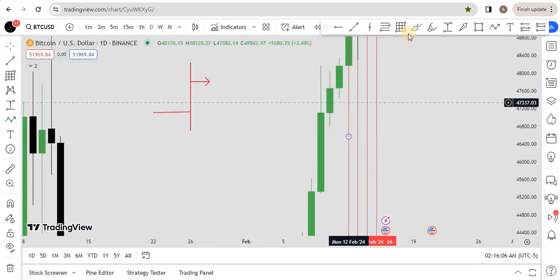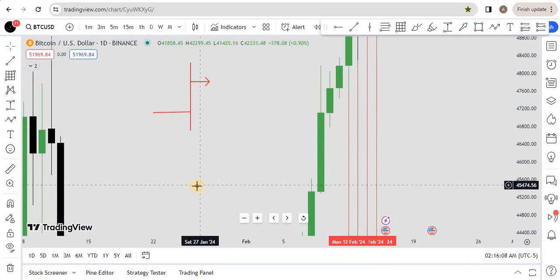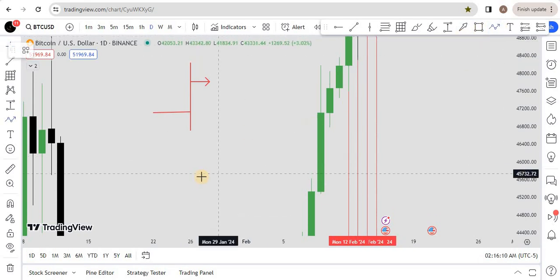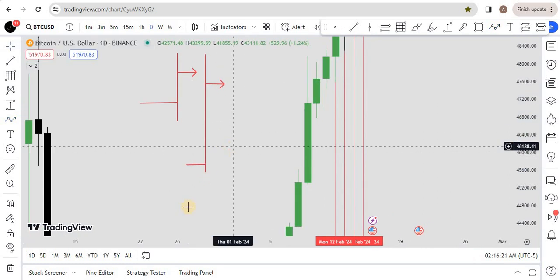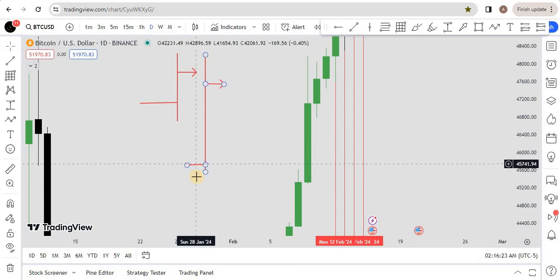For this candle, what happened? Open, goes a little bit downside, a huge expansion, and then closes. The price behavior, you will always see some type of this Judas swing.